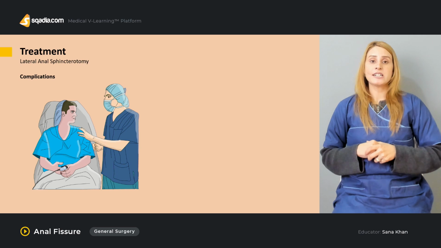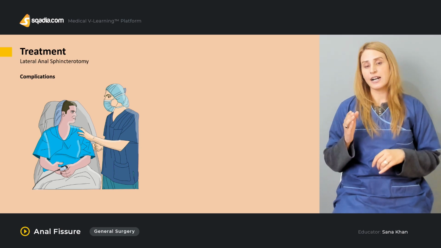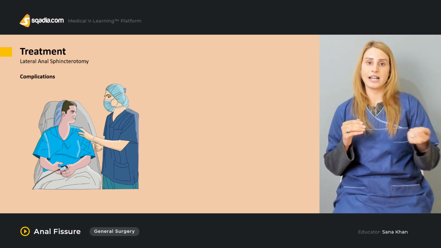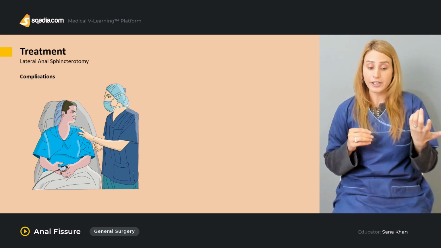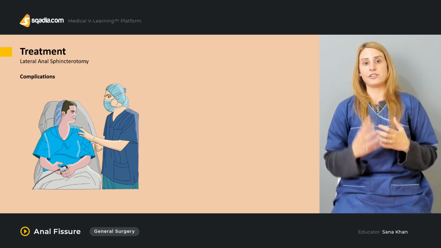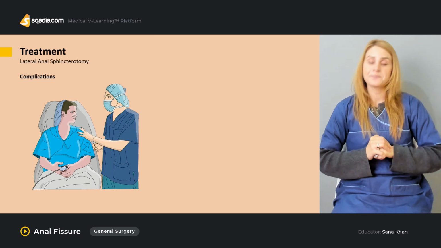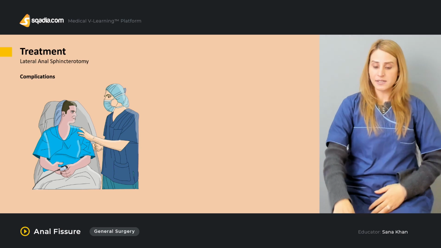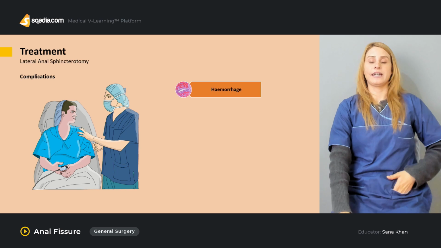If you do not create a dissection plane, you just enter the intersphincteric groove and blindly rotate the scalpel, and if you have a feeling of giveaway by your left finger, then that is called the closed technique.